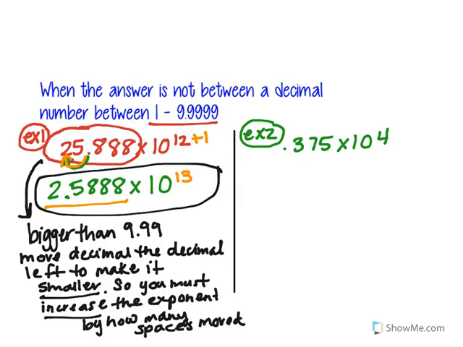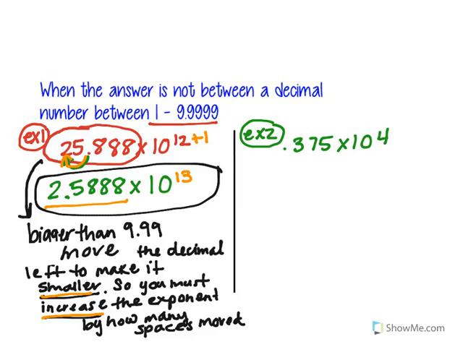So when you move the decimal to make it smaller, you must increase the exponent by adding the number of spaces that you move. When we did example 2, it was also not in scientific notation form.